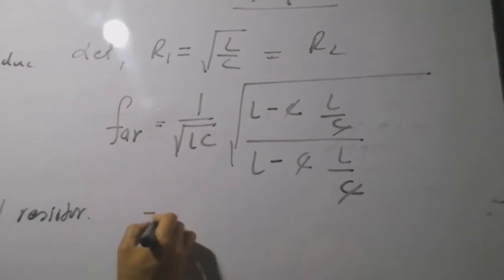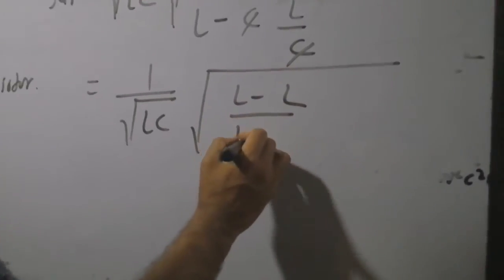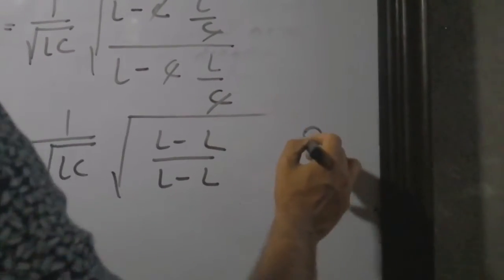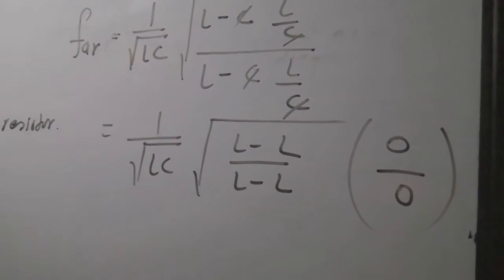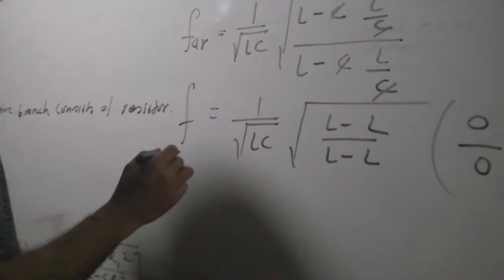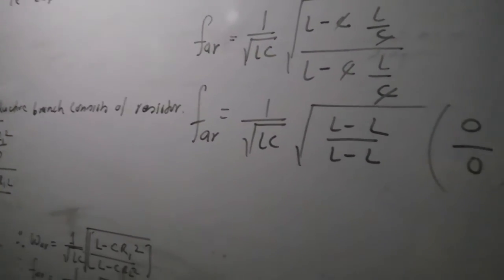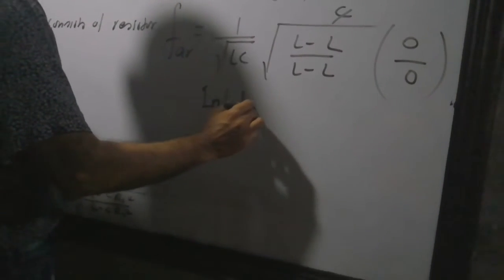Okay, so what do we get? 1 upon root LC times L minus L by L minus L. See this interesting thing. I told you it was interesting. What is this? 0 by 0 form. This we have already faced once in our life while doing calculus, the 0 by 0 form. And what does the 0 by 0 form indicate? We usually say indeterminate form.